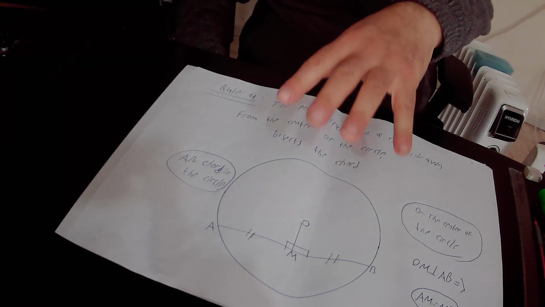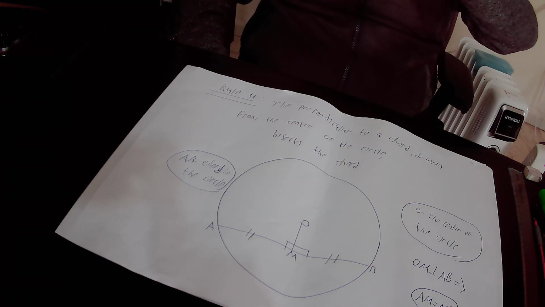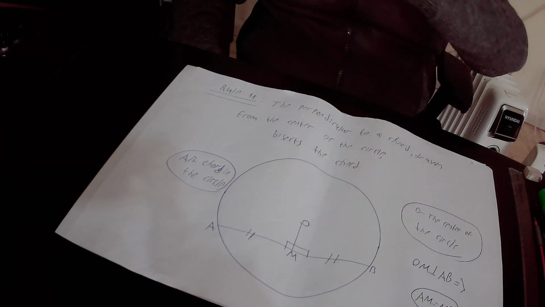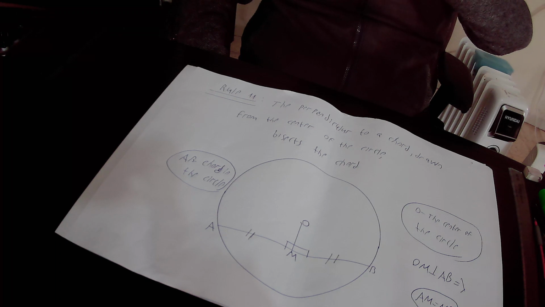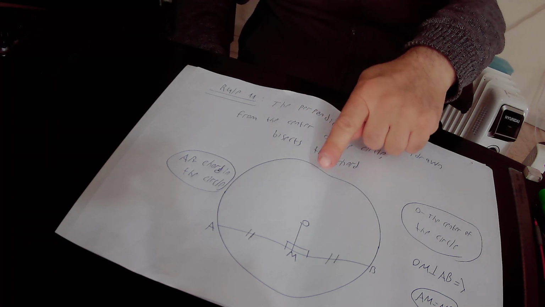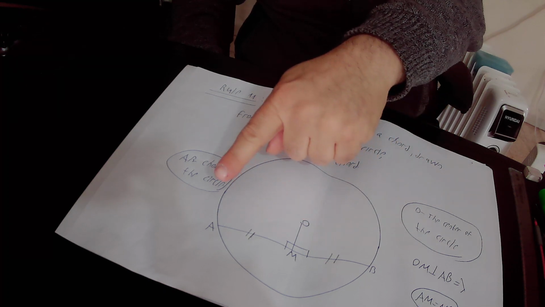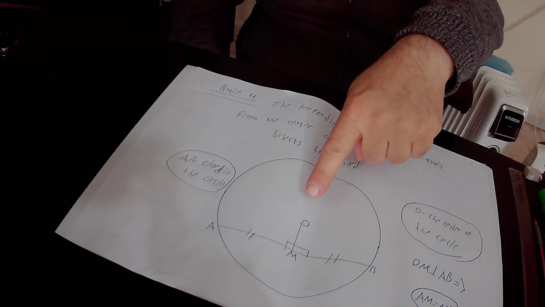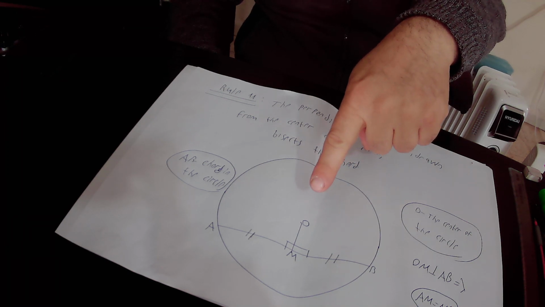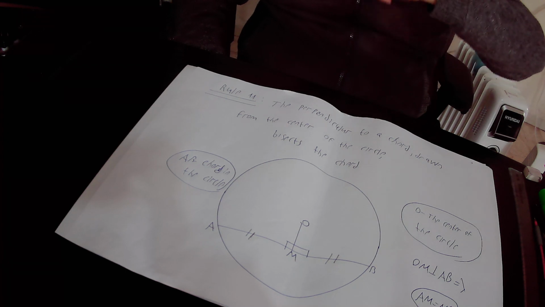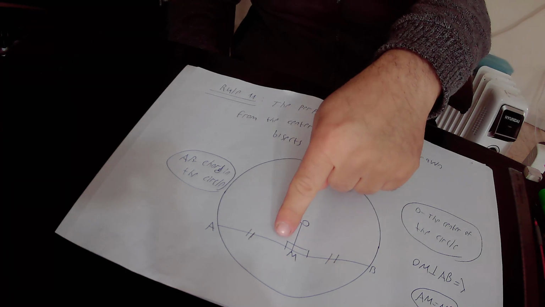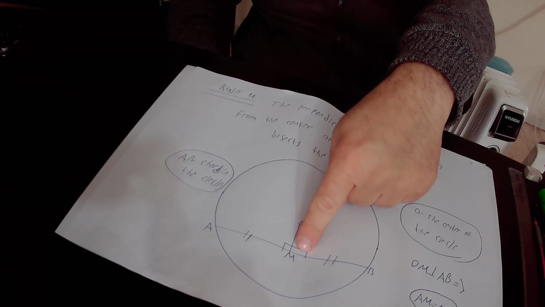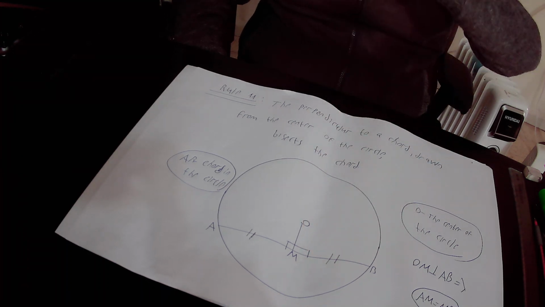So in the drawing we have a circle, and point O is the center of the circle. From the center of this circle, that is to say from point O, we draw perpendicular OM on chord AB. So this angle equals 90 degrees, and this angle also equals 90 degrees according to our construction.